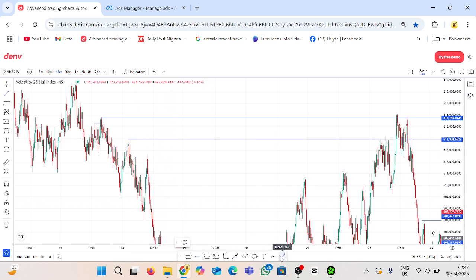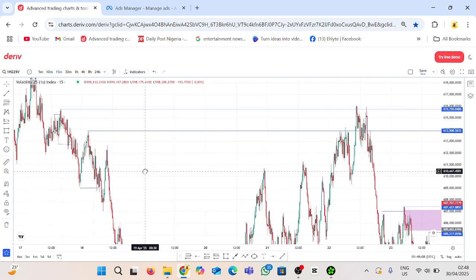You can see clearly that this is our first break, and this is our second break of structure. You can see this, and then this is our POI.